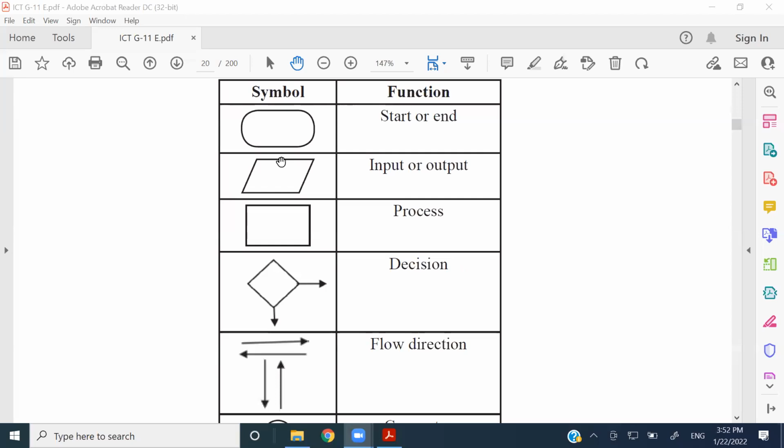Those inputs and outputs are shown inside a parallelogram. So this is the symbol that we are going to use when we are illustrating an input or an output.